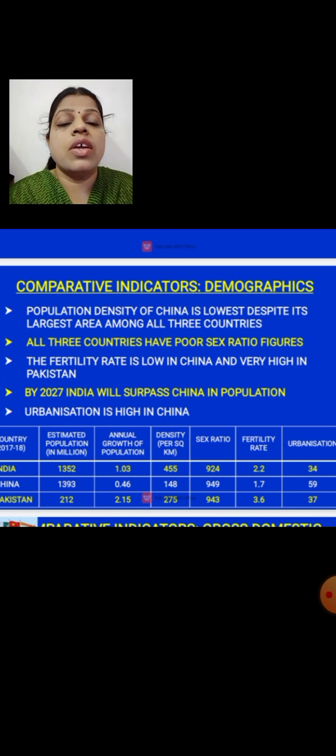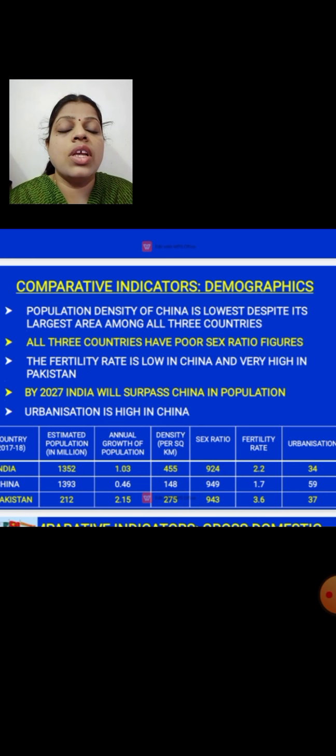So we know that in China there is an alarming growth rate of population, but by 2027, India will surpass China in population, and India will be the leading country in population also. And what about urbanization? Urbanization is also high in China. Yes. So these are actually the demographic indicators of our country as well as our neighboring countries.